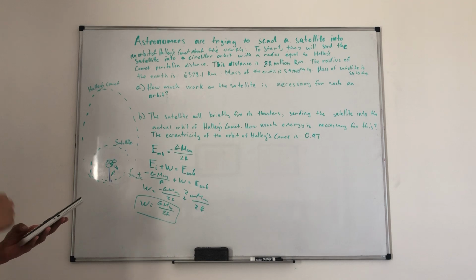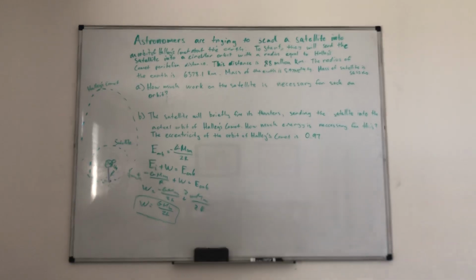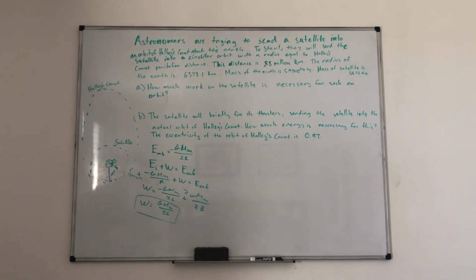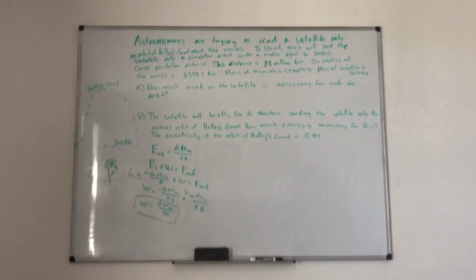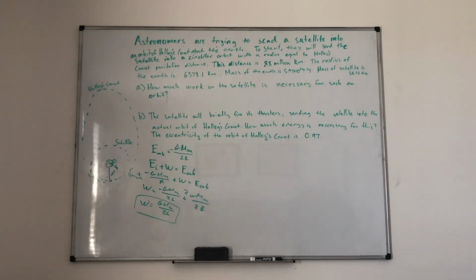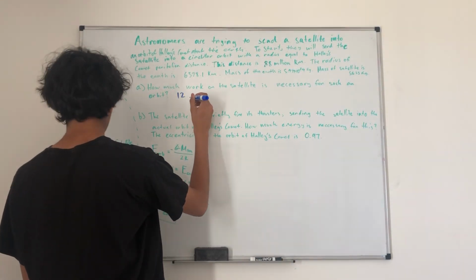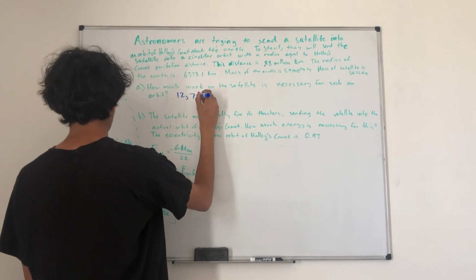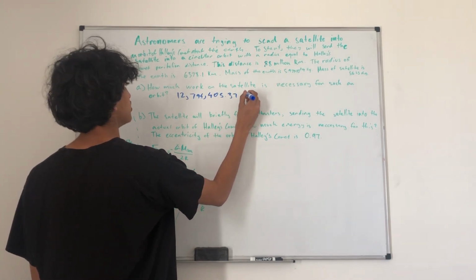Yeah, 3 more zeros, and then you will get the work necessary for this little thing. Let me get, I'm losing track of my markers. It's actually really bad. I got 12,794,405.37 joules.